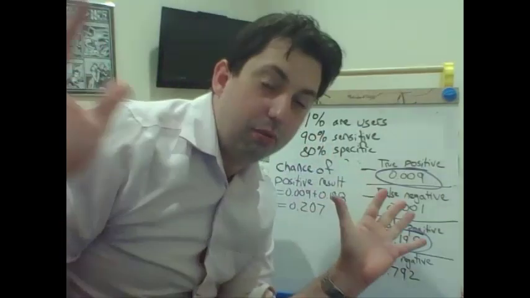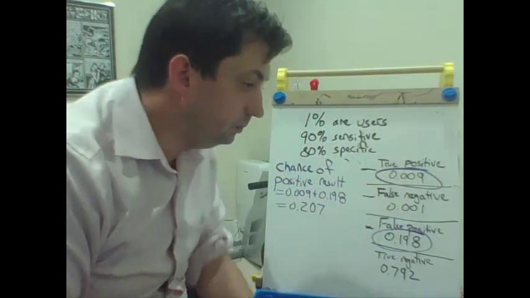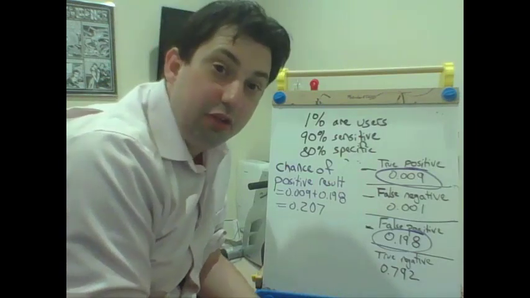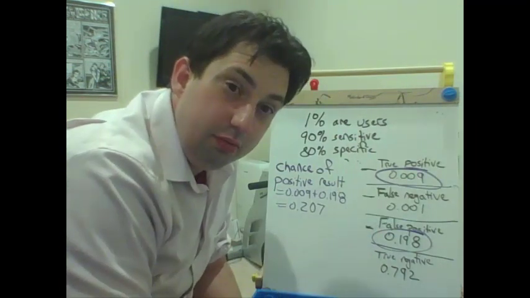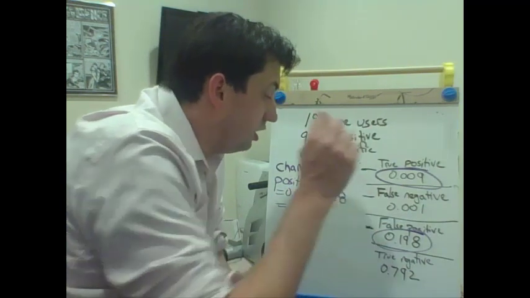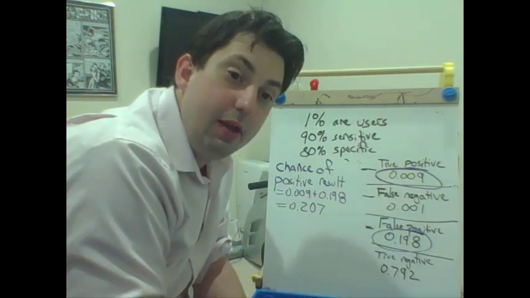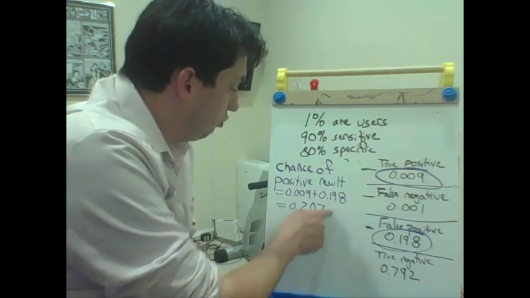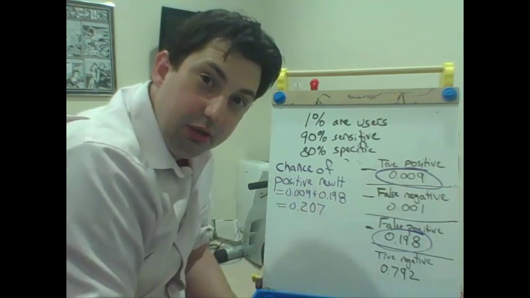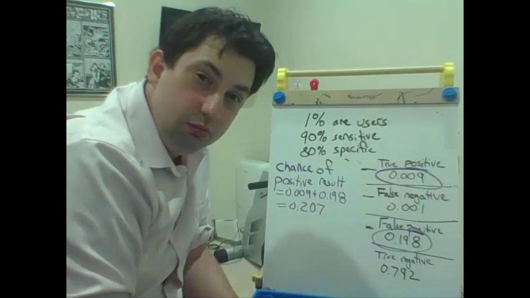Imagine that there's 1,000 people who took this test. Well, if there's 1,000 people that took the test, then that means that there are 9 people that have a true positive. And there are 198 people that have a false positive. So you take all 207 of them together. Pick one at random.